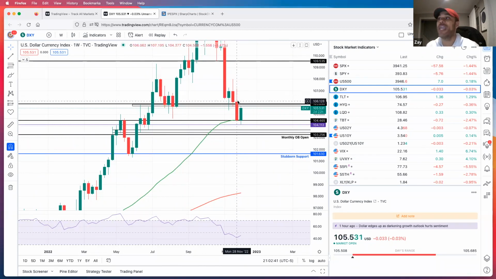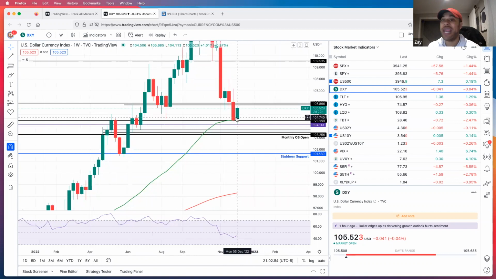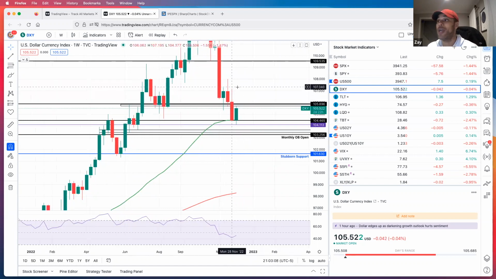And I would want to see a new weekly close above this open, which is 106.06. So by the end of this week, if the dollar is truly going to turn around, I want to see it at least close above 106.06 and truly make a new weekly high. If it could do those two things by Friday, then I'll be a believer that the dollar just turned around, and I'll be sure to keep y'all updated.